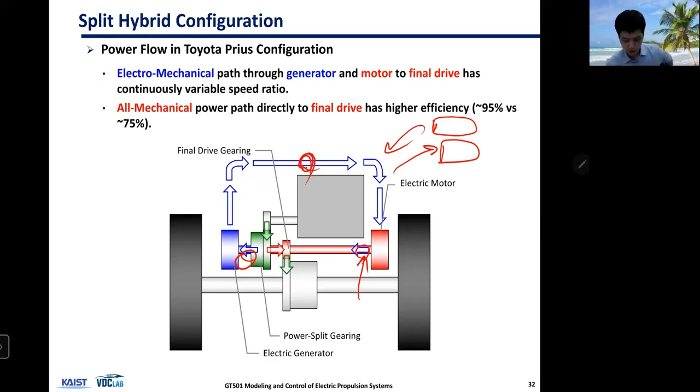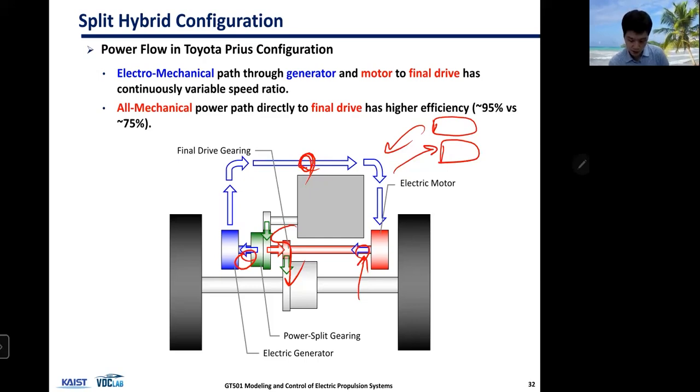By the way, the whole point of having this complex design and control is so that hopefully the engine can operate free from the wheel speed, so sort of work like a series hybrid, but still the majority of the mechanical power flows through the mechanical path, so that it's more efficient than the electrical path.